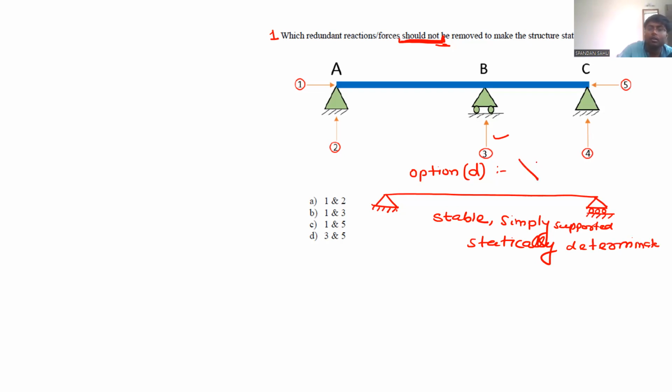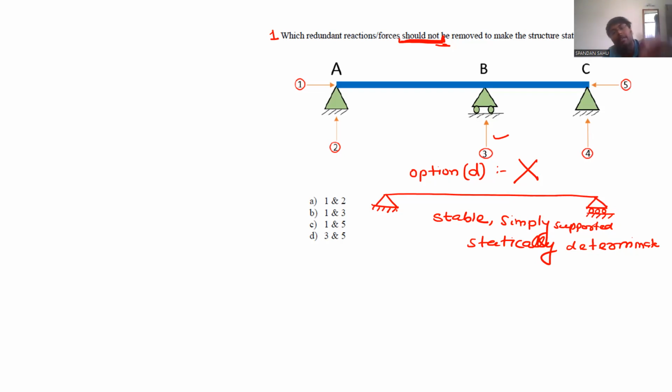Which redundant reaction forces should not be removed? See, they are asking to remove 2 of those redundants in such a manner that when you get your primary structure, it cannot be taken as a statically determinate structure because it will be unstable in nature.